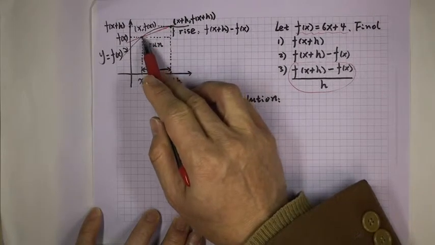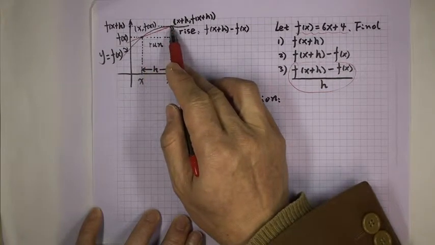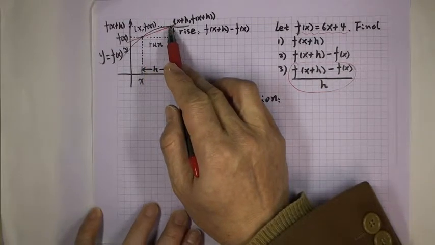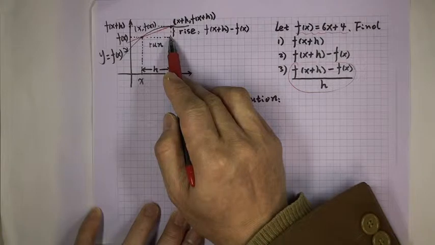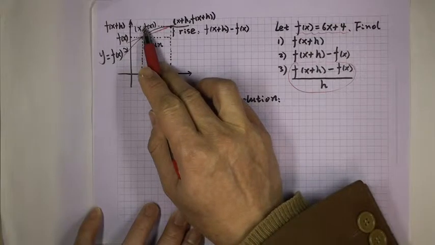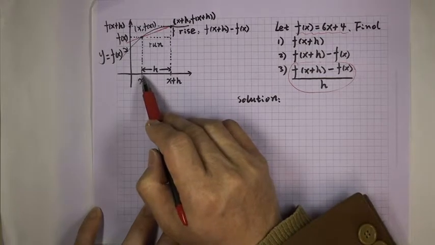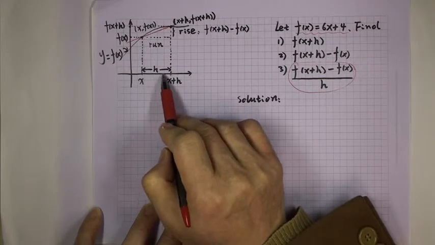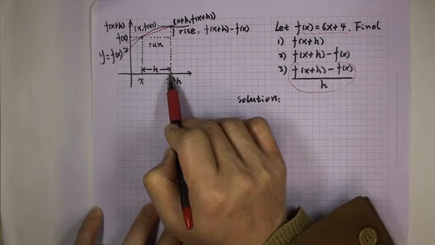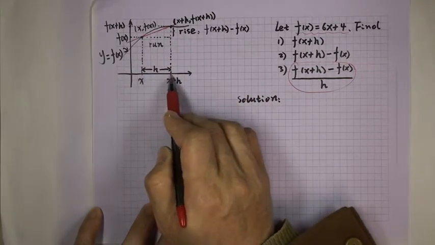So basically, on the curve, from this point to this point, x goes how far? Horizontally, from here to here. And then y goes how far? From this place, it goes this high. So when x goes from x to x plus h, the increment is h, or we say the run. x runs from the left point to the right point.